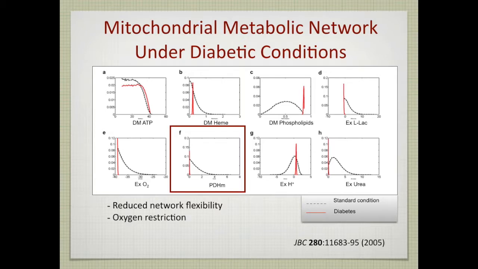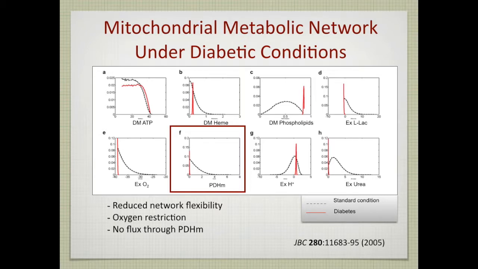Oxygen uptake rate is restricted in particular, it gets closer to the maximum. Interesting thing here is that pyruvate dehydrogenase in the mitochondria is highlighted in that maroon colored box. And you see that the red histogram gets squished up close to zero.